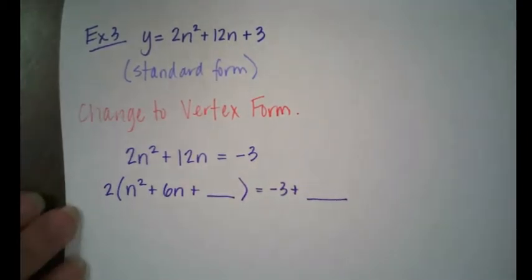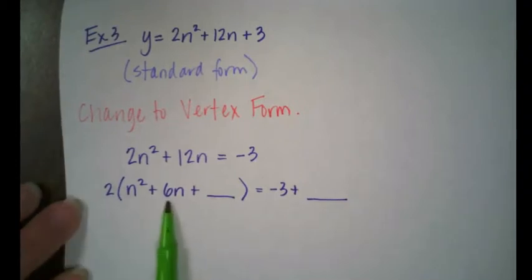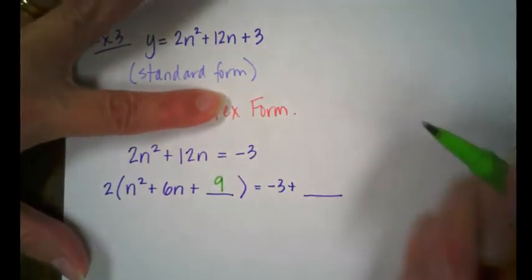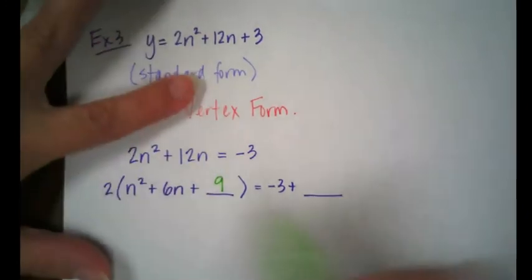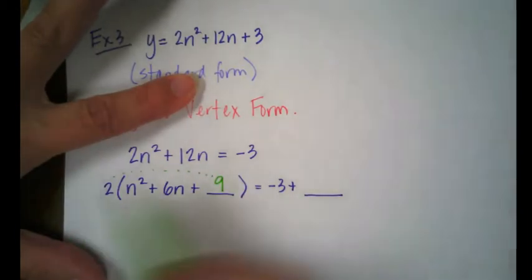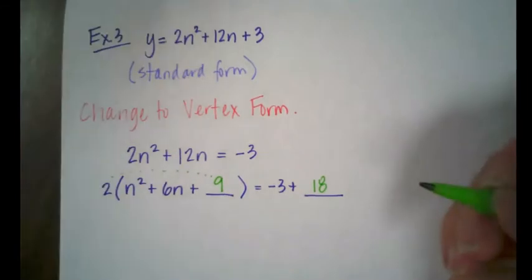Now we have to figure out the magic number. Half of this number would be 3. 3 squared would be 9. That gives me the magic number on the left side. But on the right side, I need to take into account that I would distribute that 2 to the 9. So on this side, we're going to have 18.